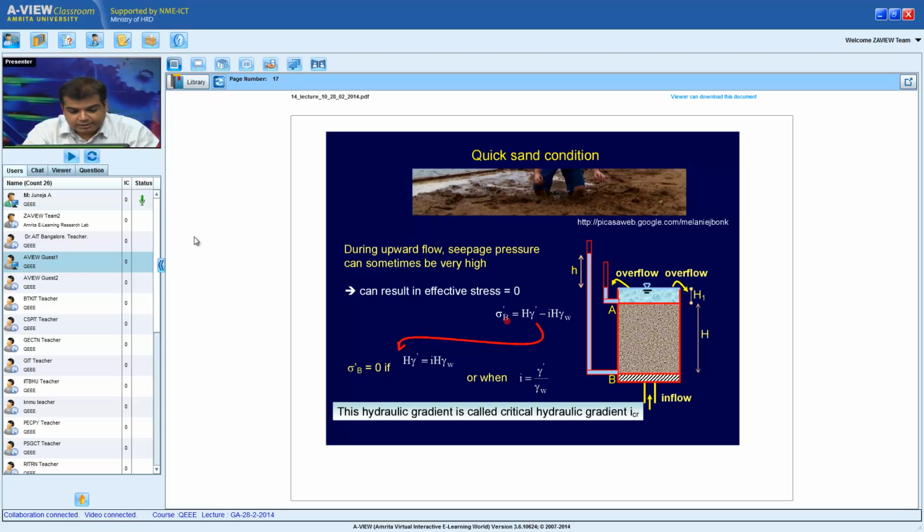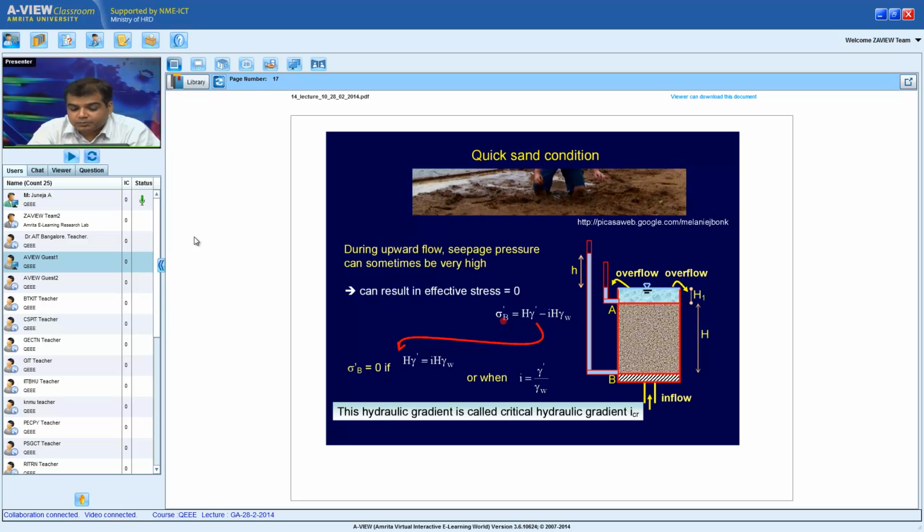In quicksand condition, when the water goes up, we said the effective stress decreases, given by this expression, which is H times the buoyant unit weight gamma prime, minus small h gamma W. Small h we have replaced by small h divided by capital H times capital H, and small h by capital H is the hydraulic gradient I. So the effective stress at B was capital H times gamma prime minus the hydraulic gradient times capital H times gamma W.